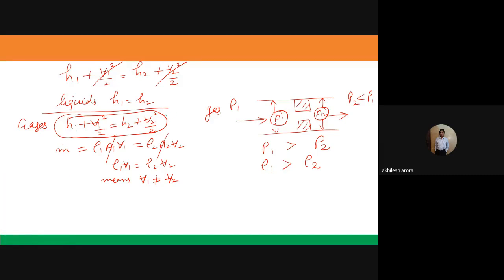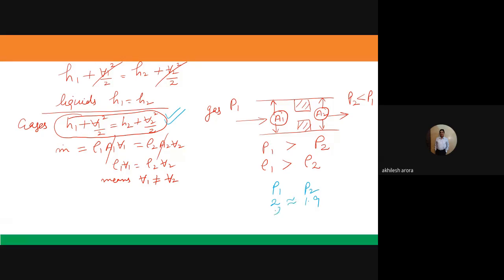Now, consider a situation. If P1 is 2 bar and P2 is, let us say, 1.9 bar, when the gas is flowing through this pipeline, I can say that these are nearly equal. So I will say that rho 1 is approximately equal to rho 2.